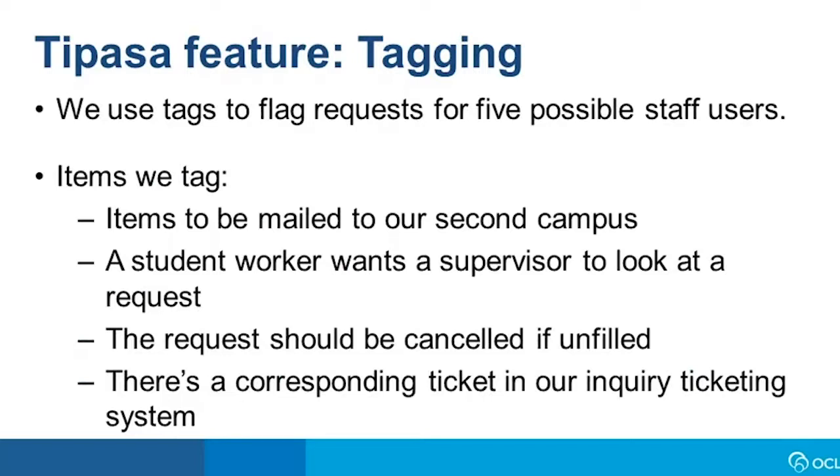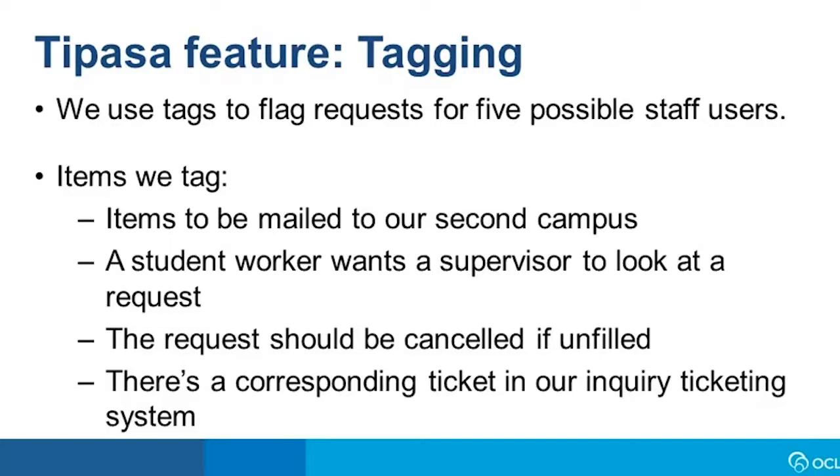The way we use tags is basically to communicate between different staff users. The items that we tag could be items that need to be mailed to our second campus in Rochester, Minnesota, a student worker who wants a supervisor to look at a request, or if the request needs to be canceled, if it comes back unfilled.